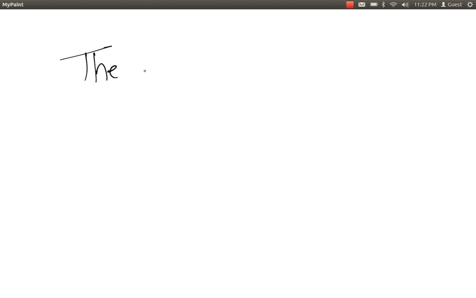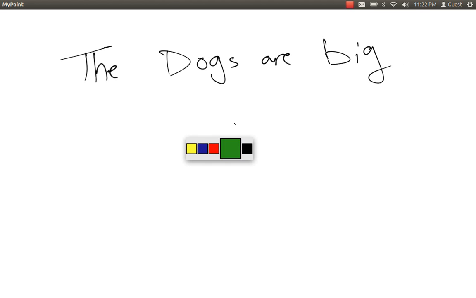So let's take the dogs are big. Okay. And this will not make sense, but anyway, this will translate to: the word for dog is kalb, but for dogs it would be kilab.